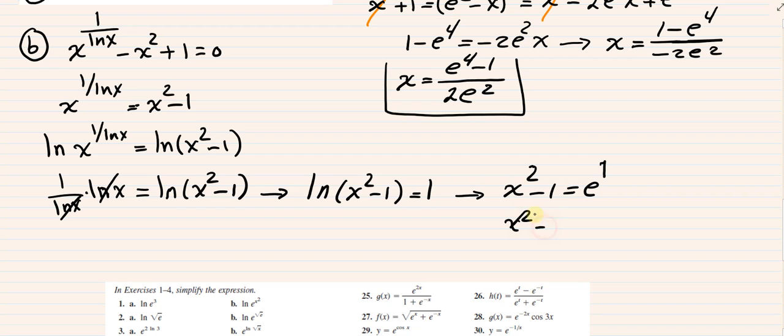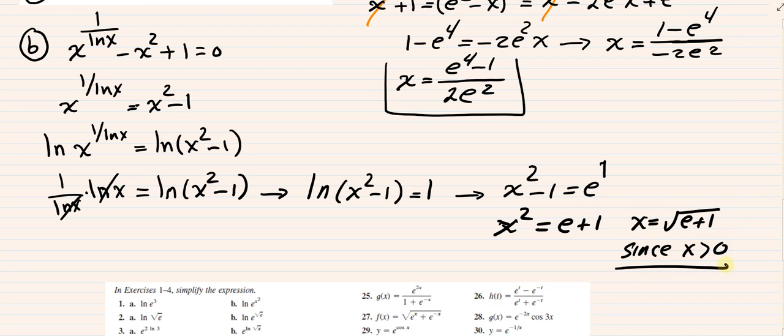So x squared is equal to e plus 1, and we can take the square root. x would be the square root of e plus 1. Okay, I know we get plus or minus, right? But since x is positive, why is x positive?